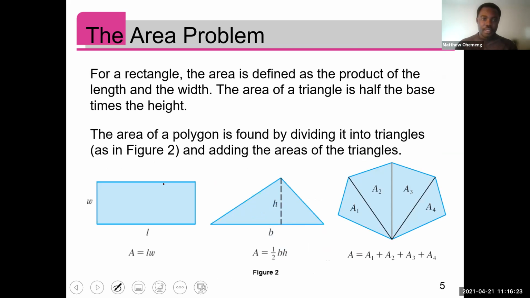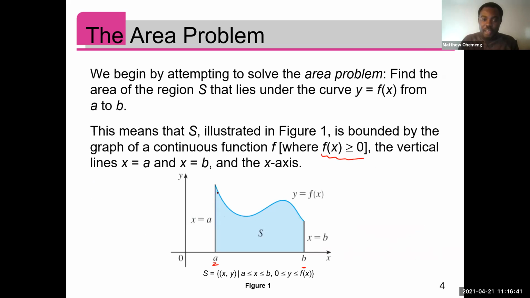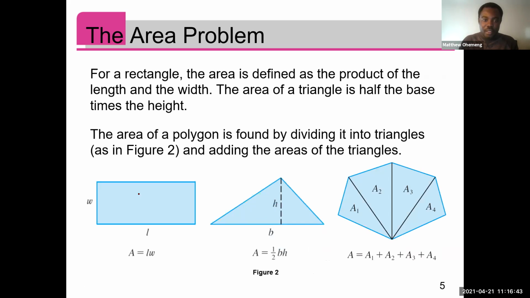Now, if the outer edges are straight, then you can compute the area easily by likening it to some of the already known area formulas. For example, if the whole area looked like a rectangle, the area is just length times width.